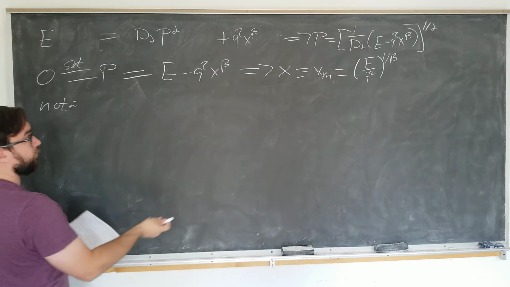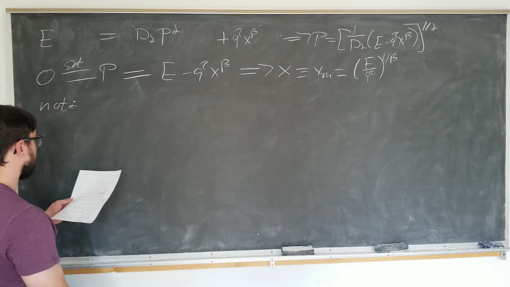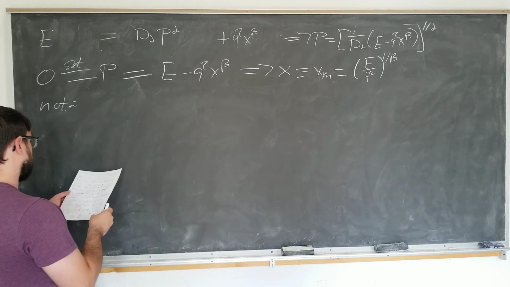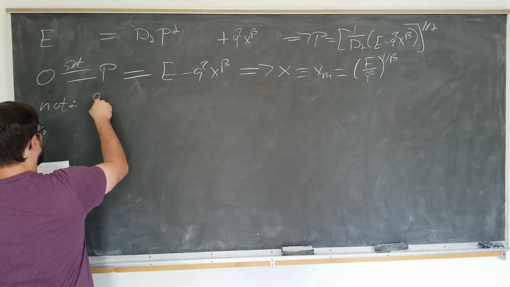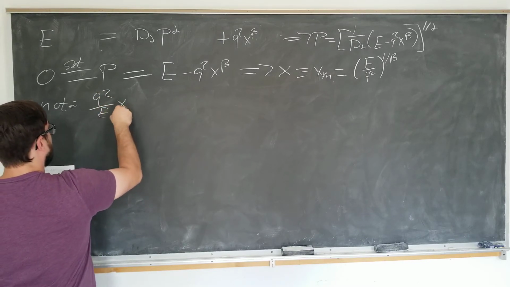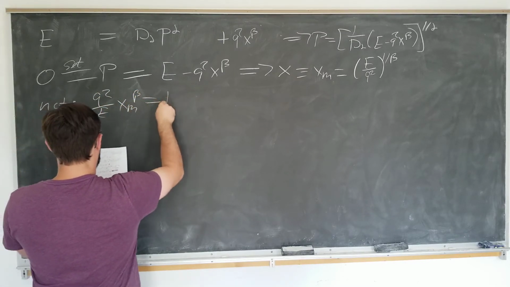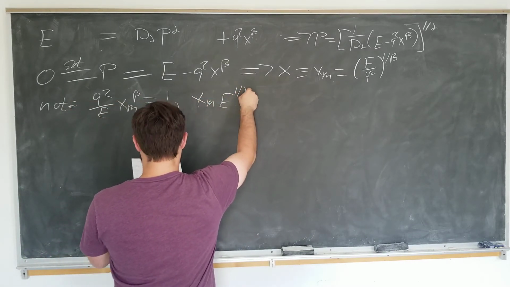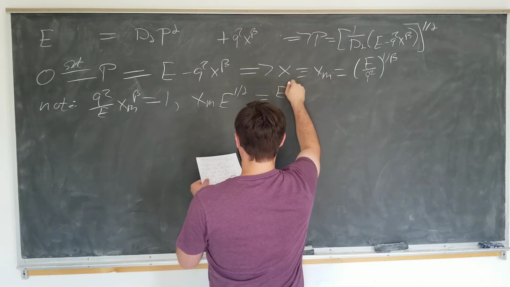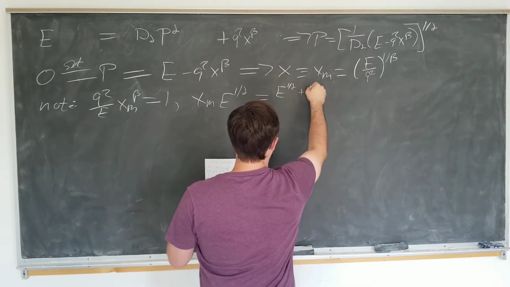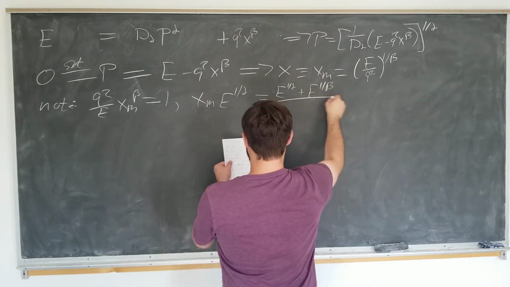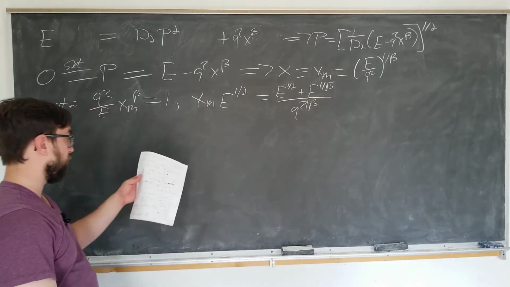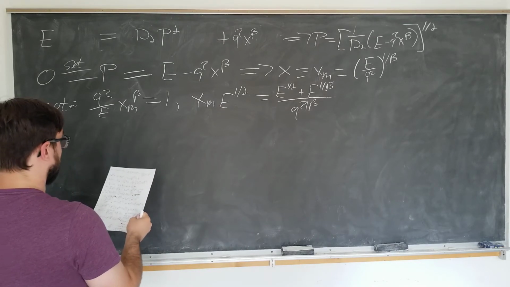We can rearrange this equation to tell us that q squared over E times xm to the beta is 1, and xm times E to the 1 over alpha is just E to the 1 over alpha plus 1 over beta, over q to the 2 over beta. Keep those in mind for later. We're going to be doing some integrals, and we'll need these formulae.